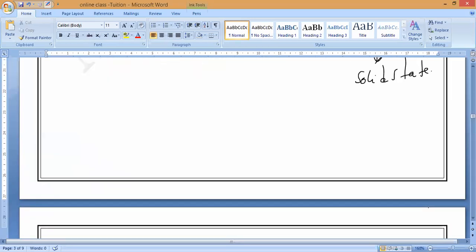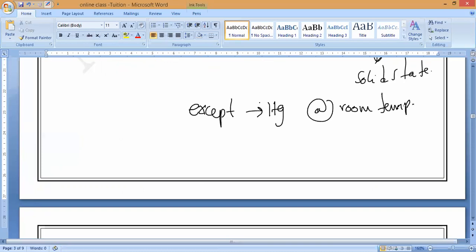At room temperature. You should remember that. Now, except mercury, Hg, all are solids at room temperature. But mercury, what is its state? Hg is in liquid state. You should remember that.